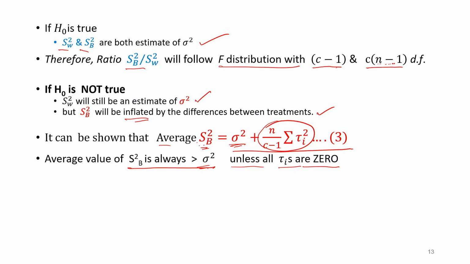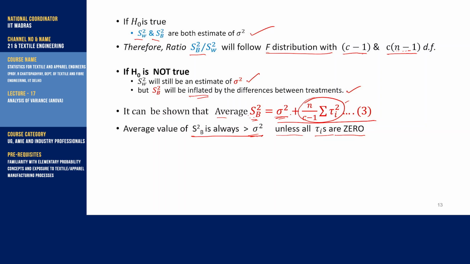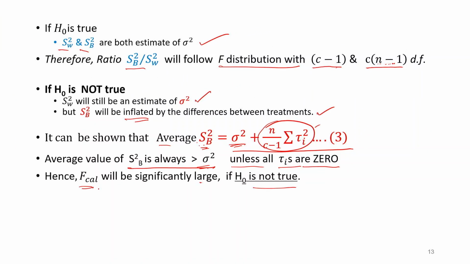If tau j is 0, this term is equal to 0, and therefore S squared B will be equal to sigma squared. So if there is a treatment effect, S squared B will always be more than sigma square. Hence, the calculated F value based on this ratio will be significantly large if H0 is not true. So when we have to reject H0, the calculated value of F will be very, very large.